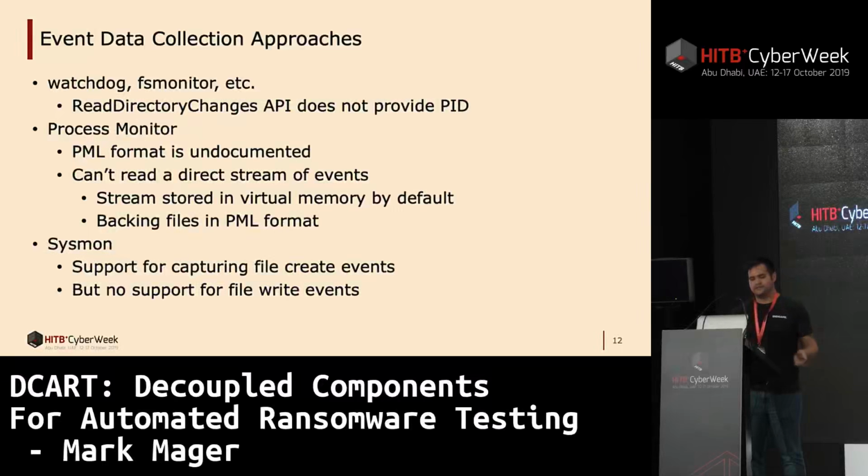So the one distinct disadvantage to using Watchdog, FSMonitor, or anything that I found online is that they rely explicitly on the ReadDirectoryChanges API, which does provide notifications for file change events, but it does not provide the associated process ID.